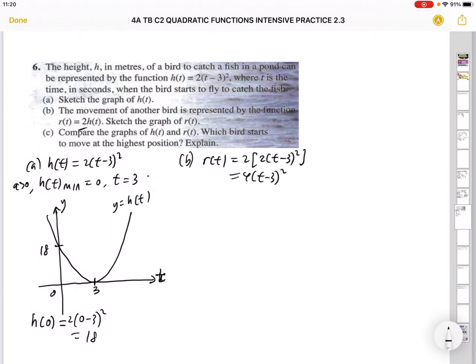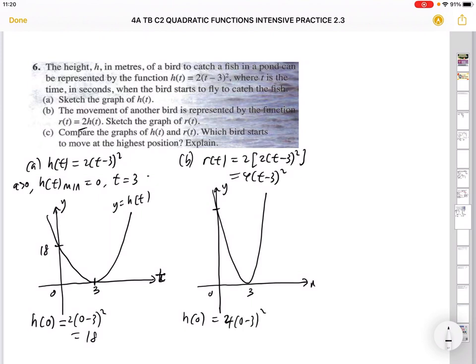So you have to draw another graph, but this time you can see it is sharper. Maybe I draw here. Now I'm actually magnifying this. It's a lot higher here. This is your y. Your axis of symmetry remains at 3, but we again have to put 0 inside. This is now 4, right? 0 minus 3 squared is going to be 36. Yeah, it's a lot higher here. 36. Looks a bit ugly.